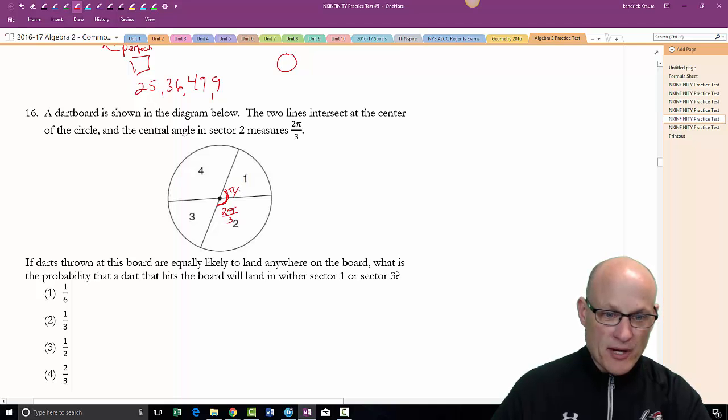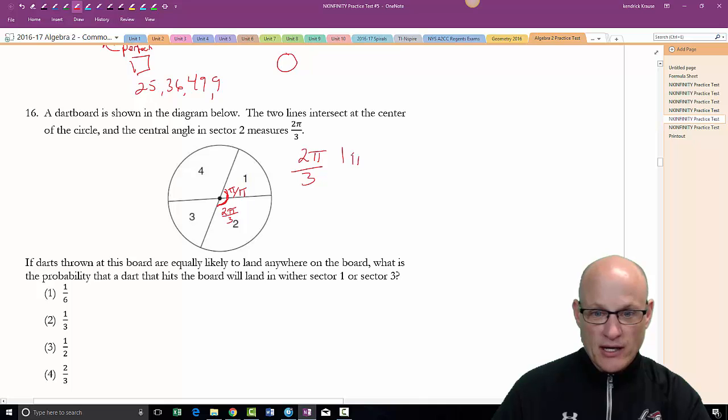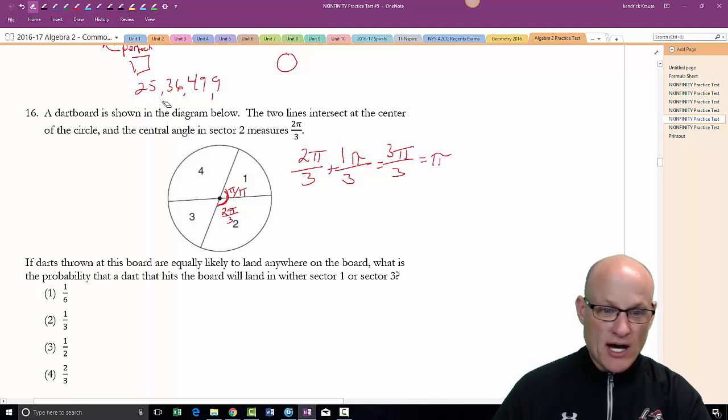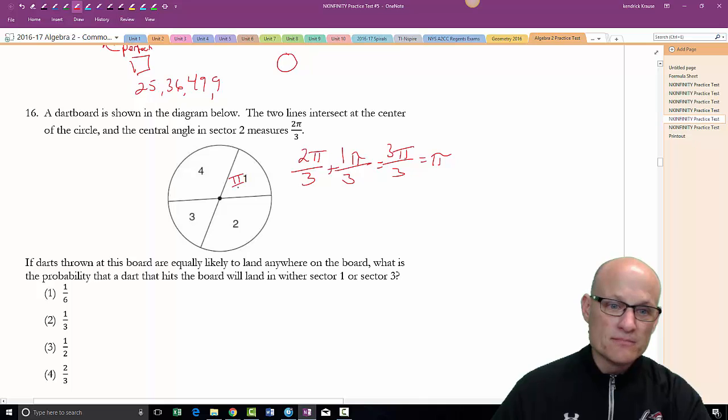So this must be 1 pi over 3, because 2 pi over 3 and 1 pi over 3 add up to 3 pi over 3, which is just pi. So I know then that this area is pi over 3, this area is 2 pi over 3, this is pi over 3, and this is 2 pi over 3.